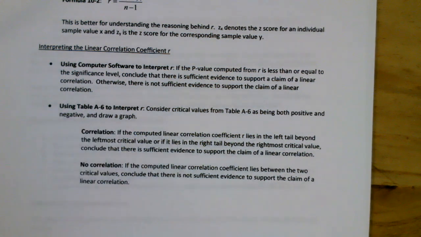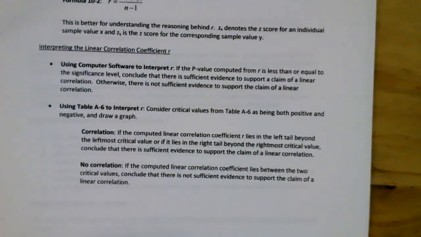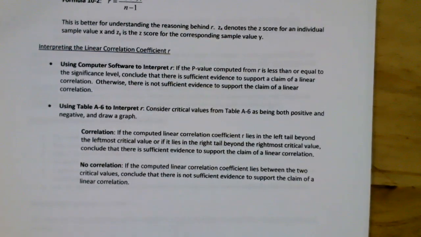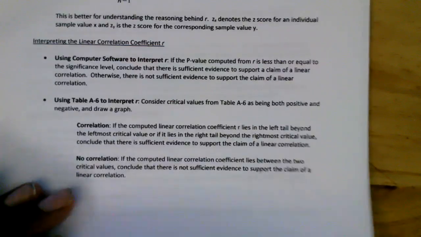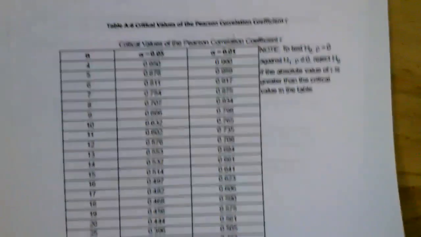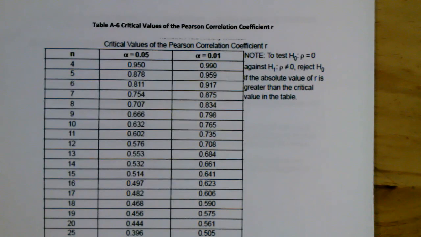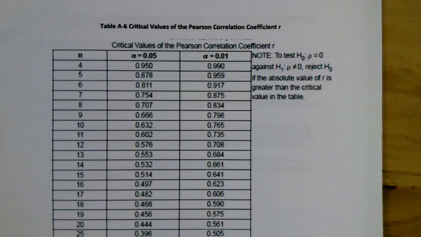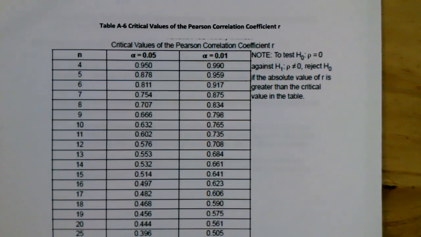We can also use table A-6 to interpret r. If you're not familiar with table A-6, it should be on the last page of your handout. And this is what table A-6 is. Those are the critical values of the Pearson correlation coefficient r.